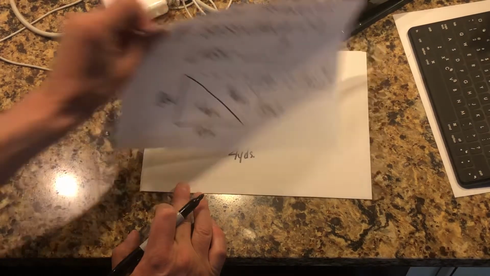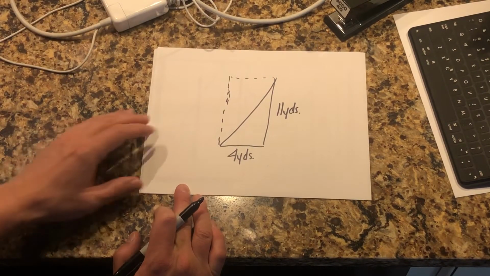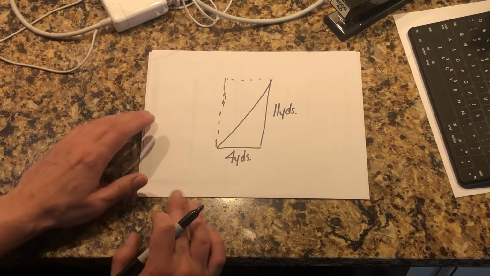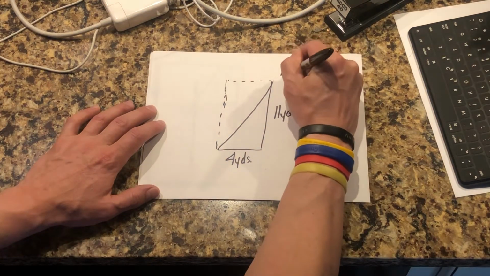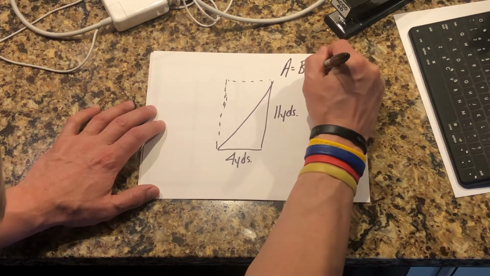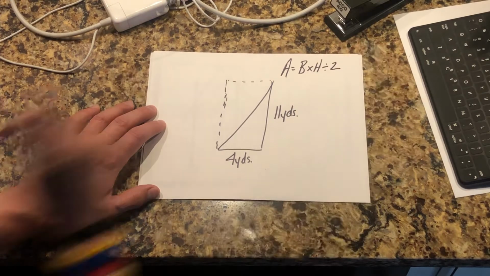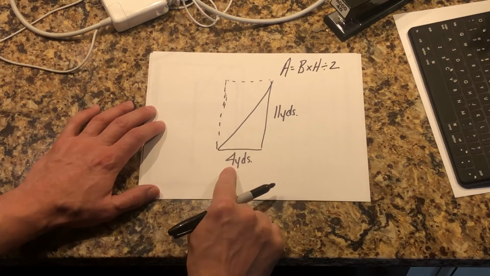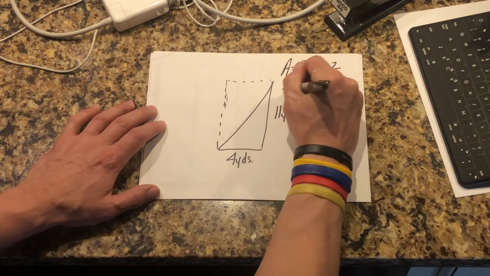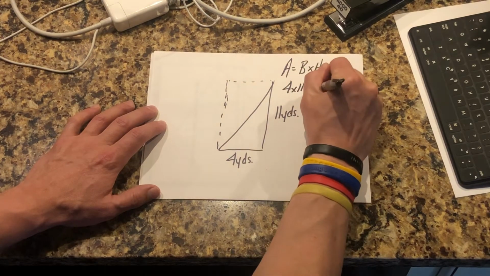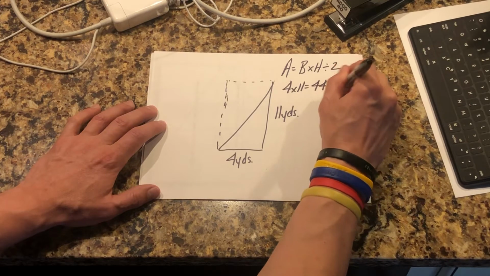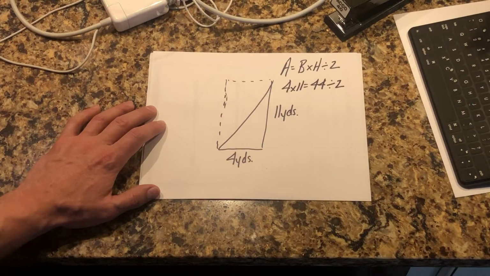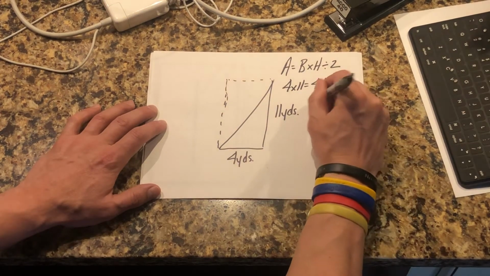The next triangle is a little different looking, but again, the order of the numbers when we multiply does not matter. Here's the formula, base times height divided by 2. I know in my head 4 times 11 equals 44, and I don't want to forget to divide it by 2, so 44 divided by 2 is 22.